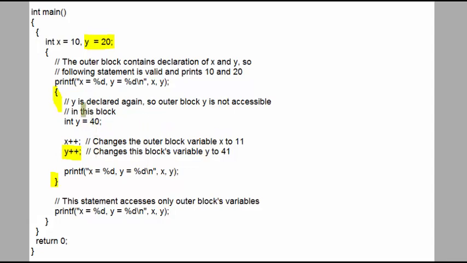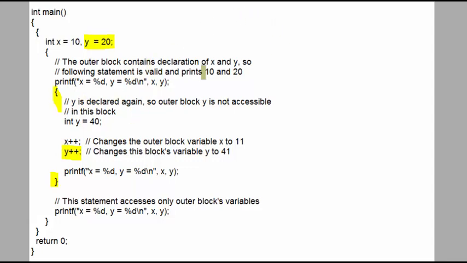When we come outside this block, this printf statement will access only the outer block variables. Now if we print again the values of x and y, the output will be 11 and 20.